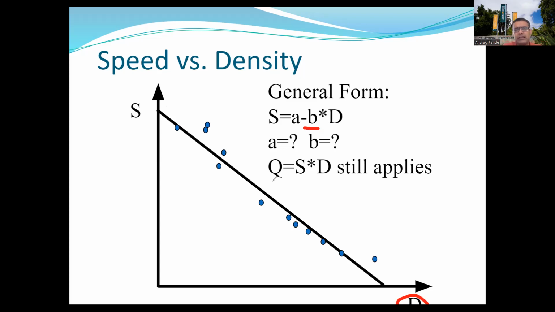For the purposes of this class, I'm only going to focus on this linear negative slope relationship between speed and density. This linear general form is called the Greenshields model. There are other models, like Greenberg's model, that assume a logarithmic asymptotic relationship.